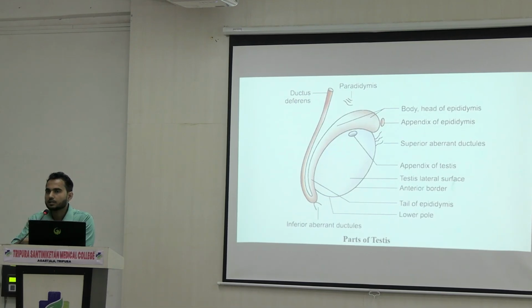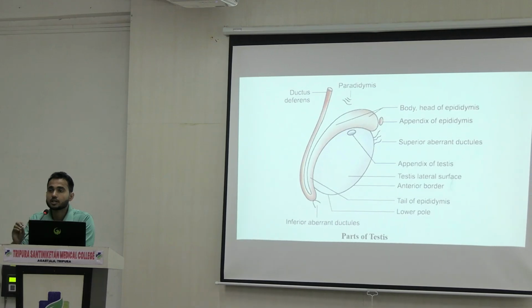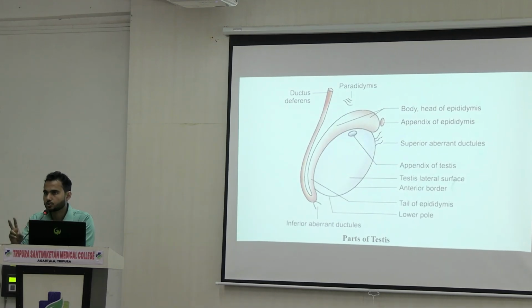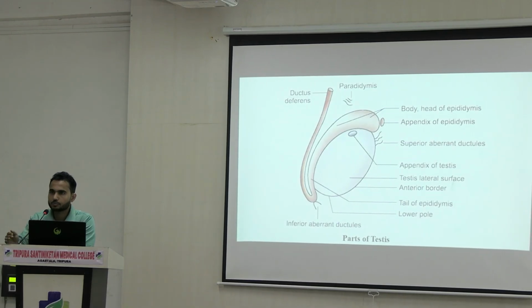Now we know that two testes are there. So everything related to the testis are two. Please keep that in mind. I am talking about external features. Everything is two. For example, if I ask you what are the parts of testis externally, what will be your answer? It is having two poles, upper pole, lower pole.